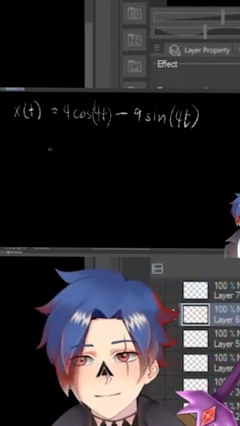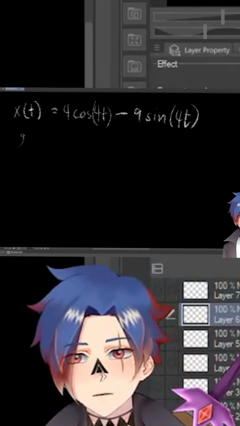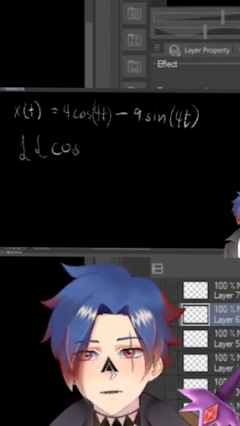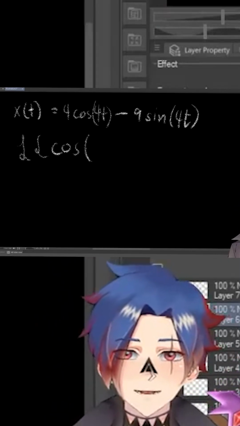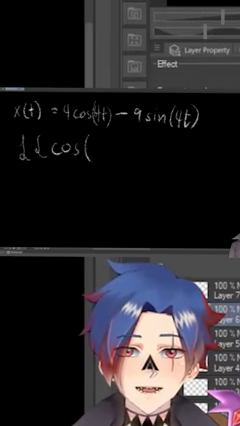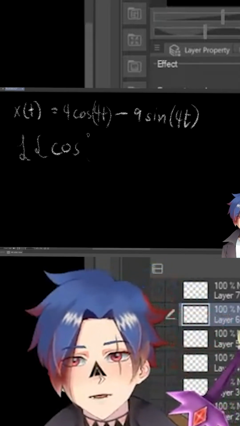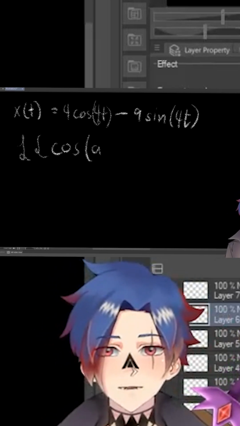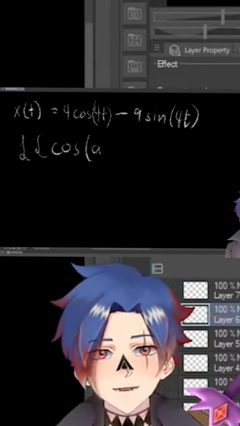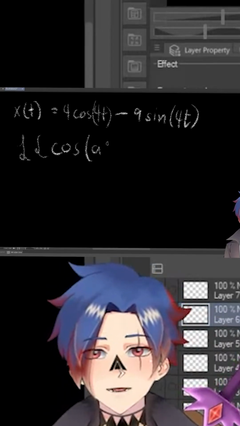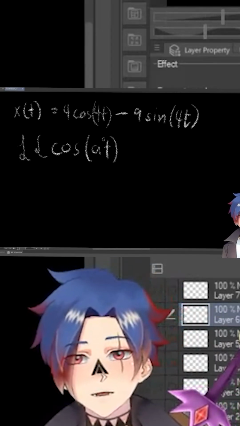Now, for the conversion of cosine, let's say this numerical coefficient is going to be b, 80 for just this example. Every numerical coefficient here is going to be a for now, and t, of course, is the unit for time.